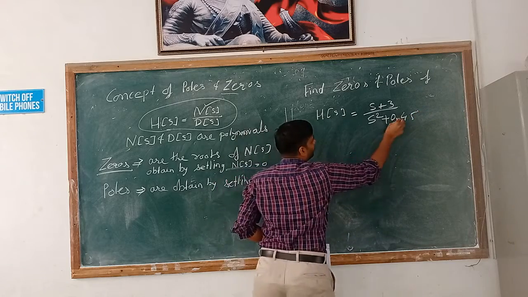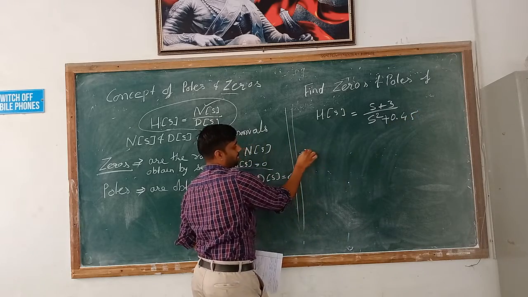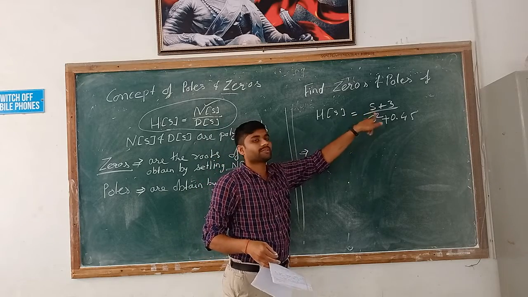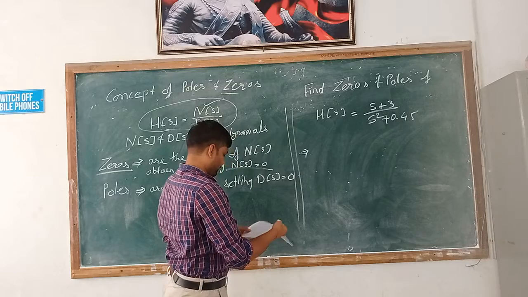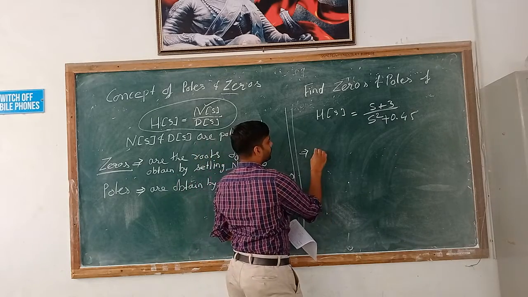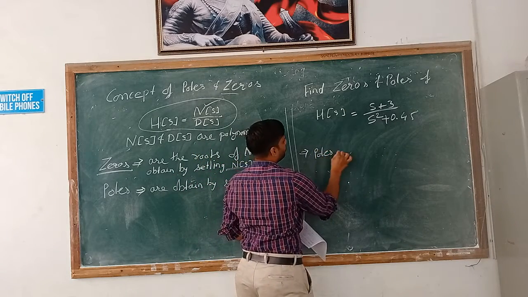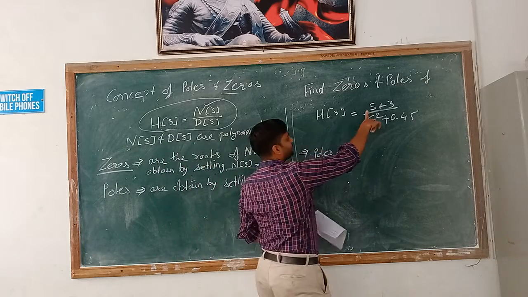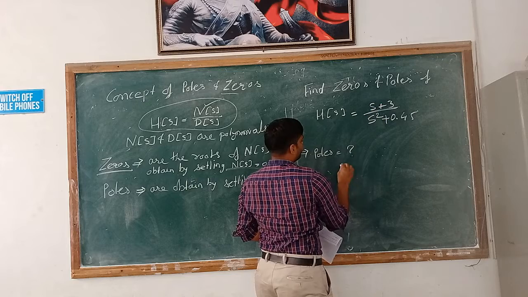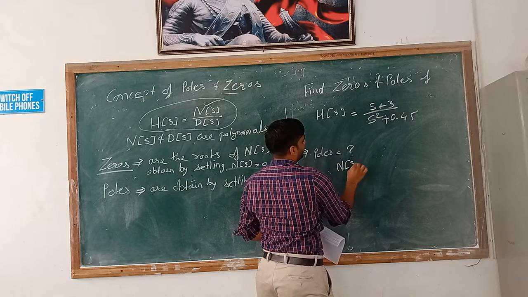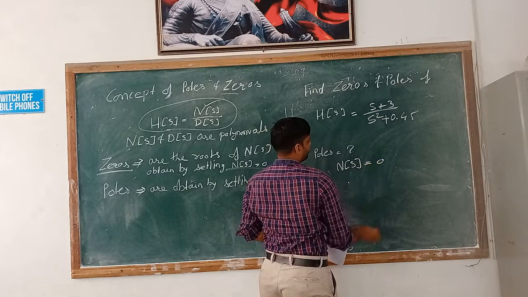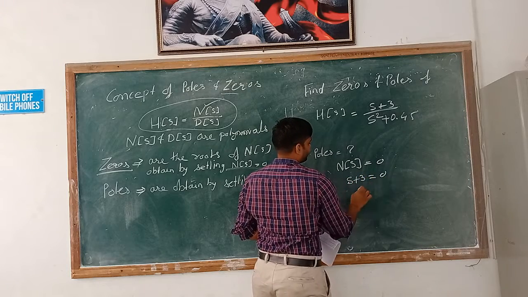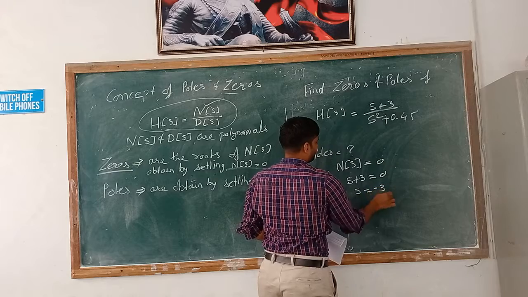Now we are going to find the zeros and poles of this transfer function. You know how we get the value of the zeros? By setting the numerator of this transfer function to 0. Therefore, s plus 3 is equal to 0. The value of s is minus 3.